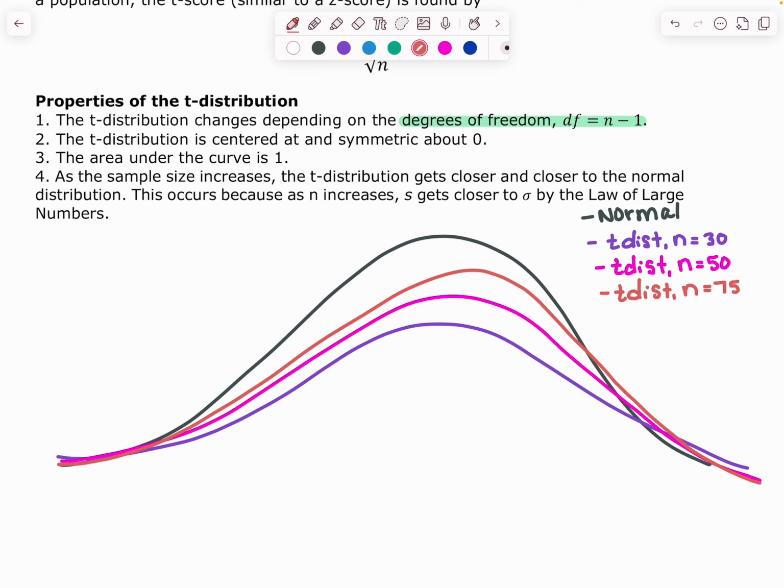So the sample sizes are changing and therefore the distribution changes, and these are not exact pictures. This is just to give you a general idea of what is happening. But as the sample size gets bigger, the t-distribution curve is getting closer to that normal distribution curve.